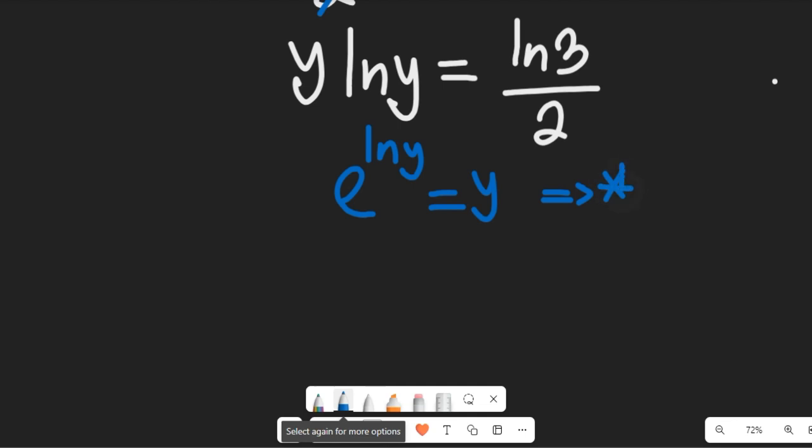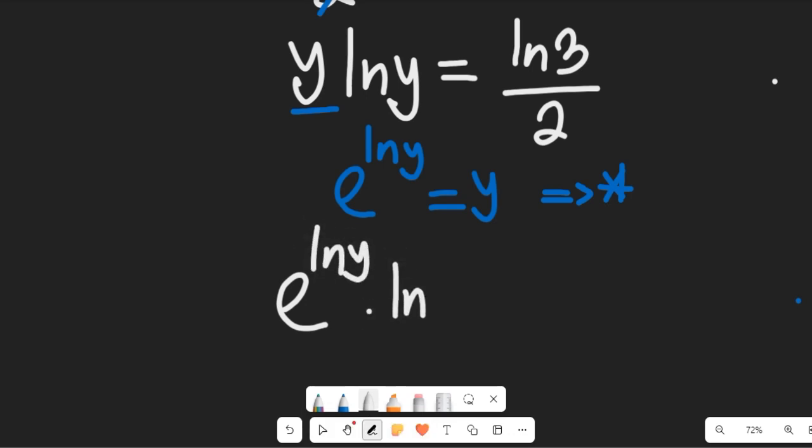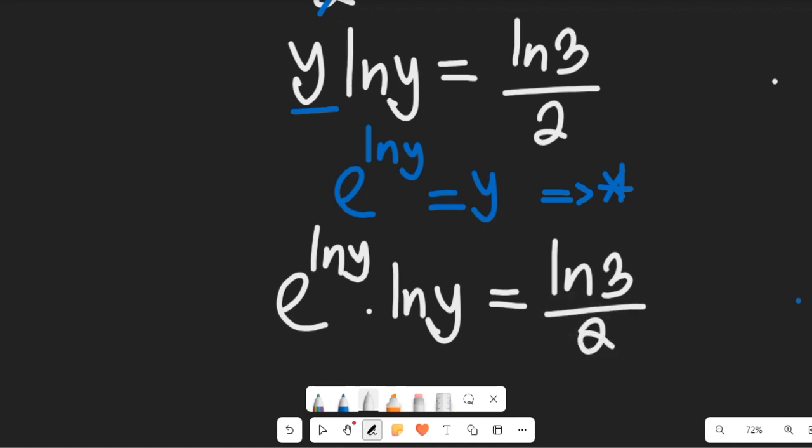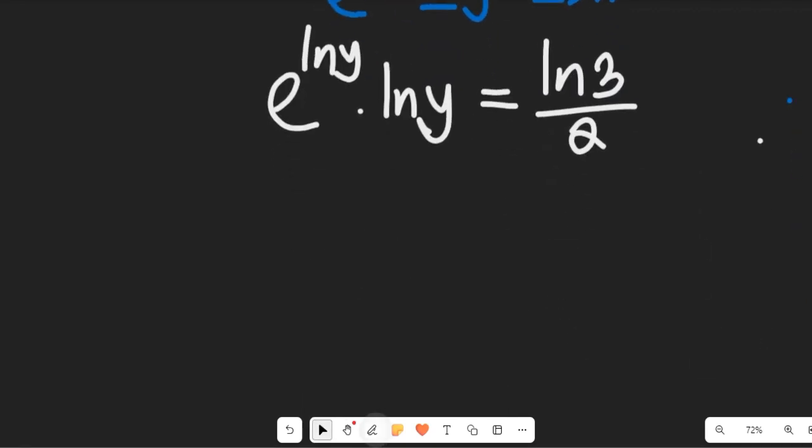I have to take note of that. So that means this y, I can simply replace with the exponent of the natural log of y. So if I do that, I'll have the exponent of the natural log of y multiplying the natural log of y, and this will be equal to the natural log of 3 divided by 2. Great. Now in the next step, I'm going to expand that.